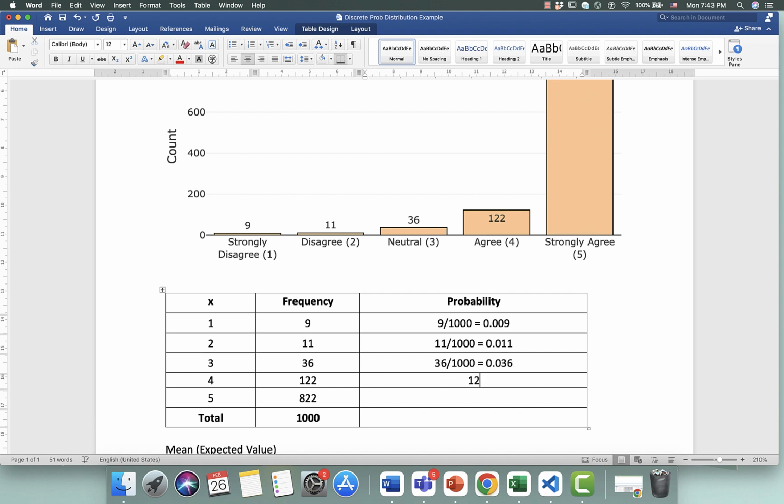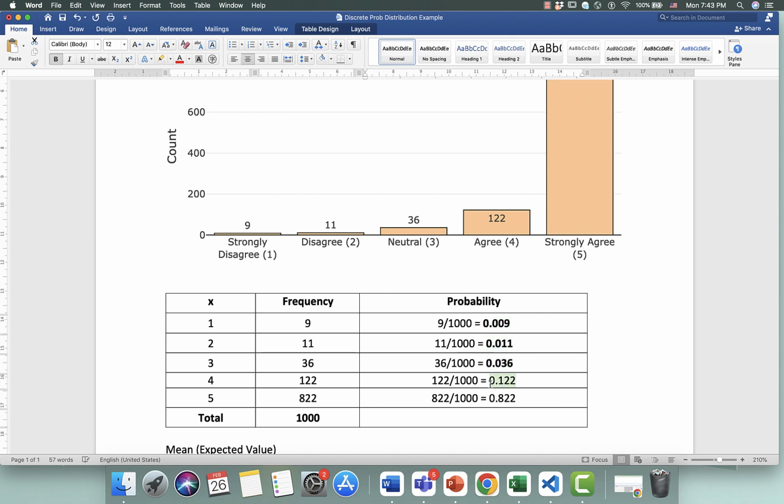Let's see, 122 over 1,000. This as a decimal would be 0.122. And lastly, we have 822 divided by 1,000. And that as a decimal, we have 0.822. So these values are the probabilities.